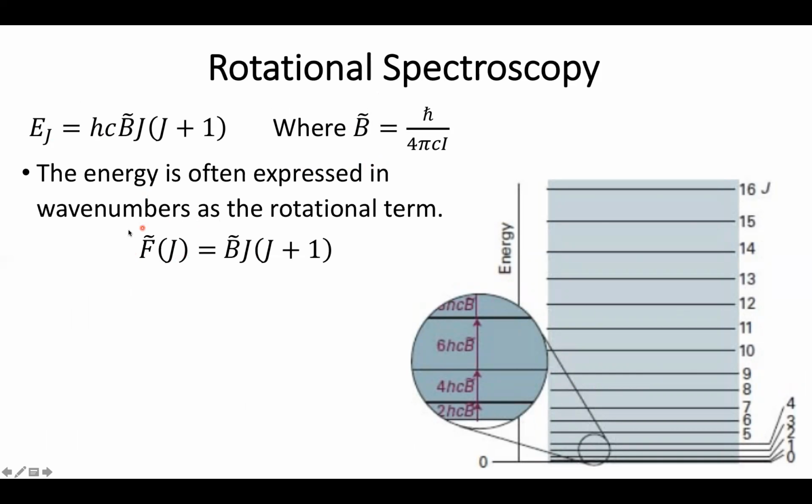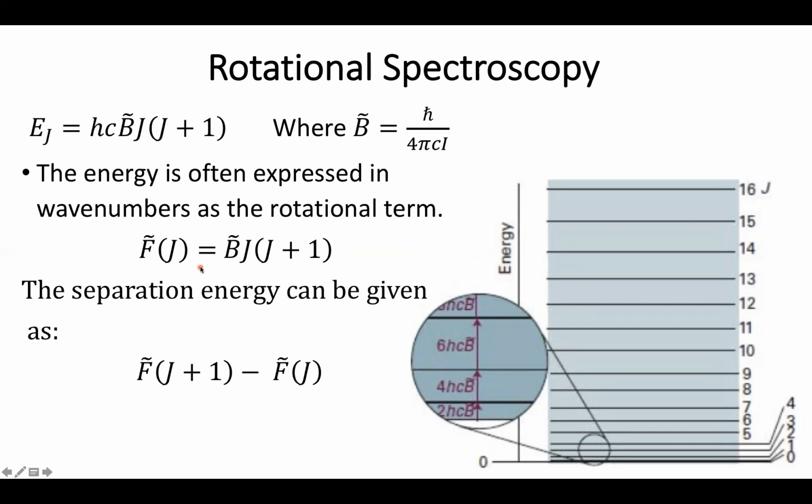This is where the rotational constant really starts to shine, as we can get the energy level in terms of wave numbers simply as the rotational constant times our rotational quantum numbers. However, because this is spectroscopy, I care a little less about the energy of any given state, and much more about the energy separations.